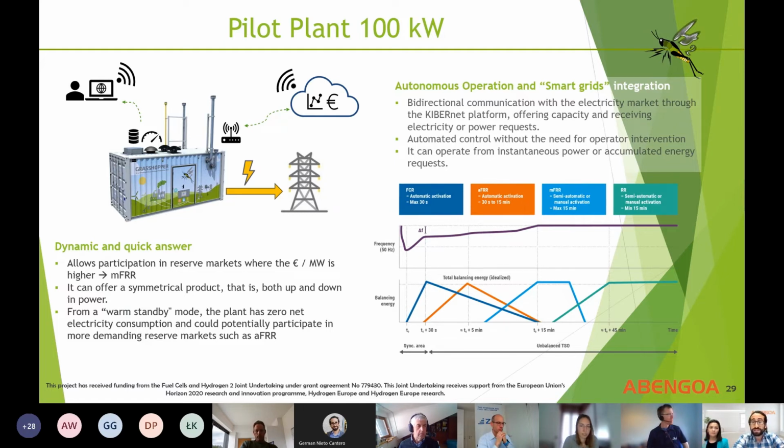The integrated communications interface that Ainea explained before allows the plant to participate in smart grids and integrate into virtual power plants. The platform is cloud-based, so it is very easy to join efforts with other prosumers. And the goal is basically to participate autonomously in the bidding and the electrical market operation.